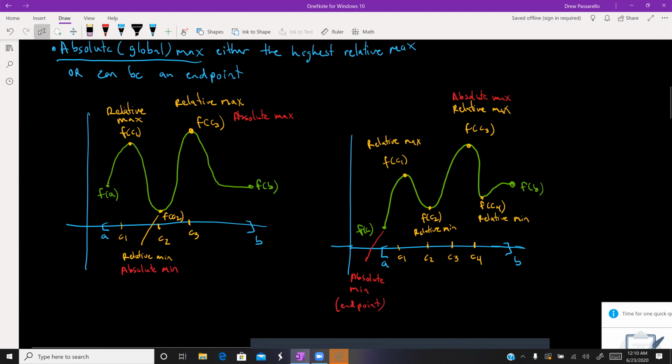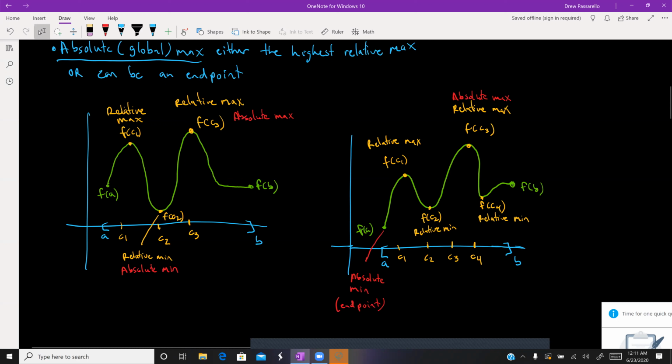Now in this picture I drew, you have a relative max, relative min, relative max, and a relative min. As far as the max values go, between c1 and c3, c3 has the largest relative max, so the absolute max is this point.